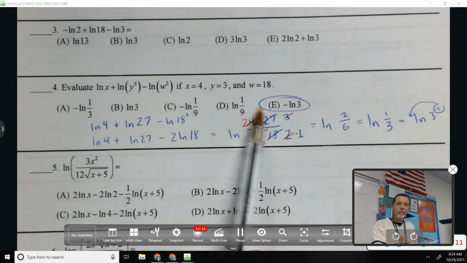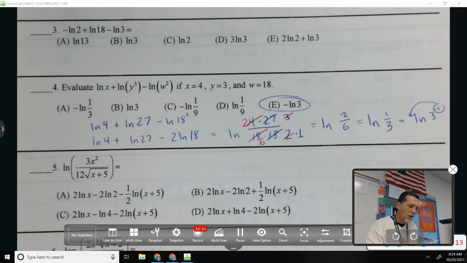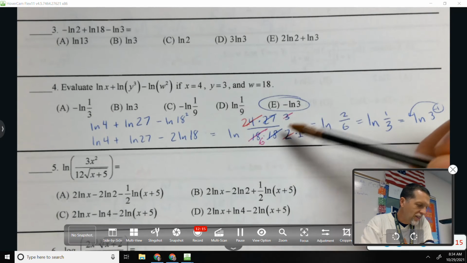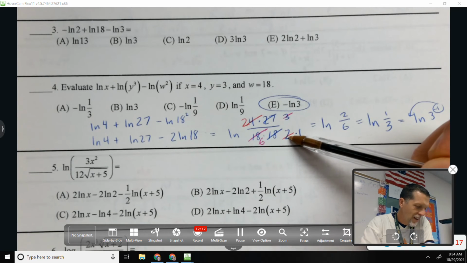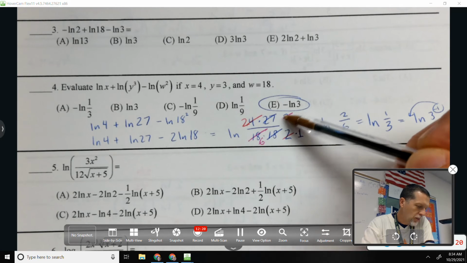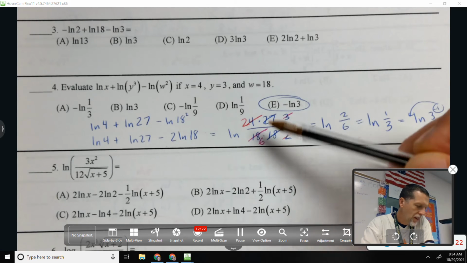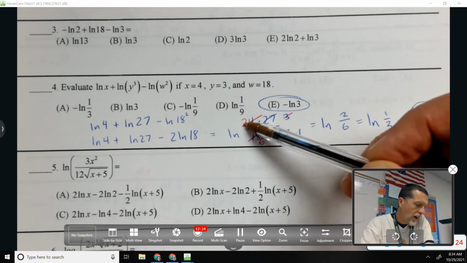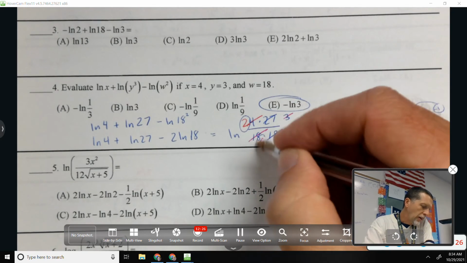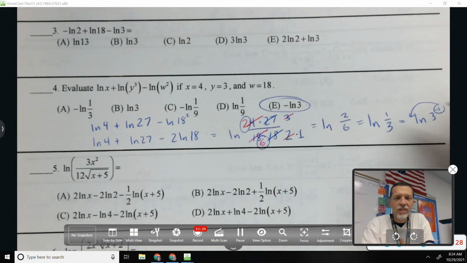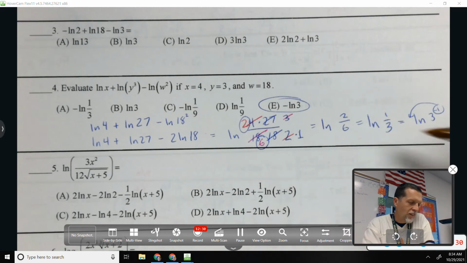After simplifying all of that, it's hard to walk back through, but 27 over 18 was 3 halves. And then 3 over 18 was a 6 in the bottom. And 4 over 2 was a 2 in the top. I thought I was done, so I wrote 2 over 6 and then realized that would reduce one more time.